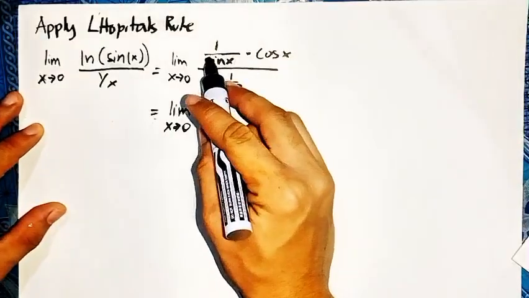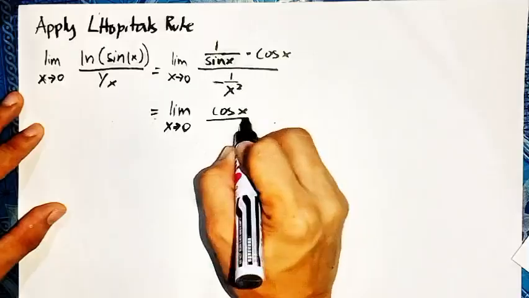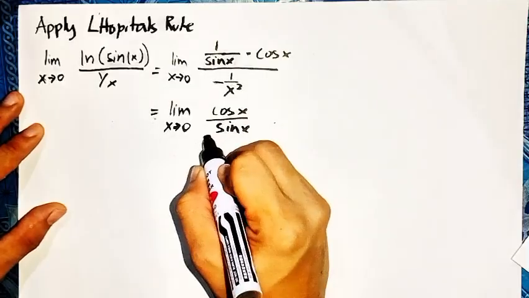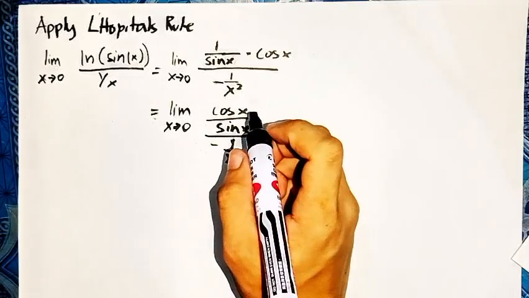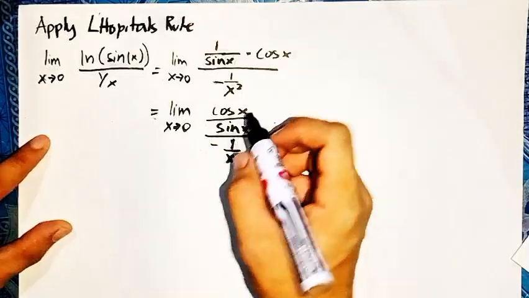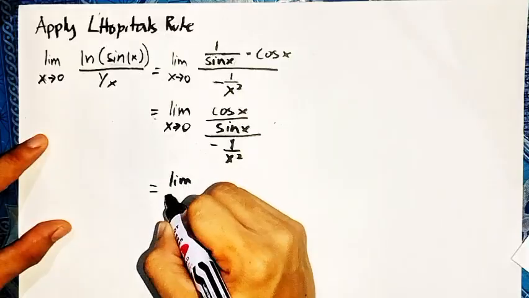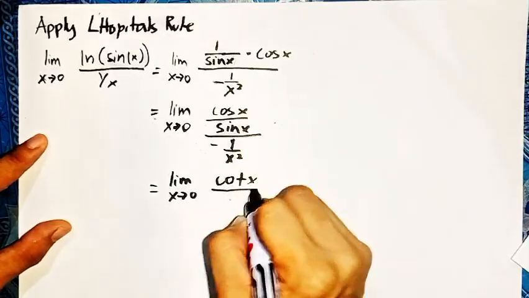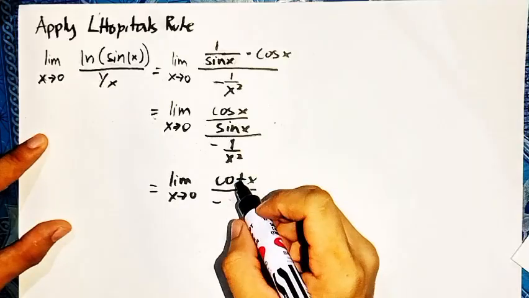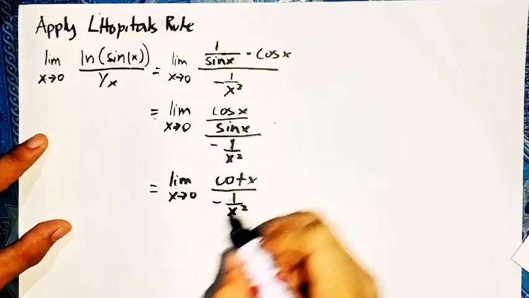It is 1 over sine x times cos x, which is cos x over sine x, over negative 1 over x squared. Now, as you can see, cosine x over sine x, we can rewrite it as cotangent x. Copy the denominator, which is negative 1 over x squared.